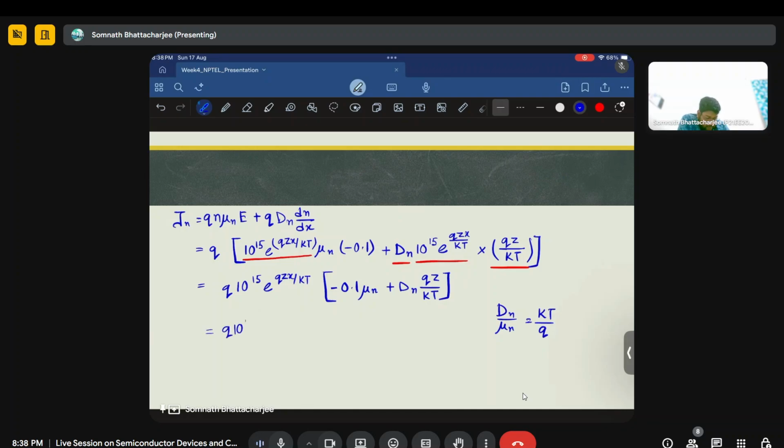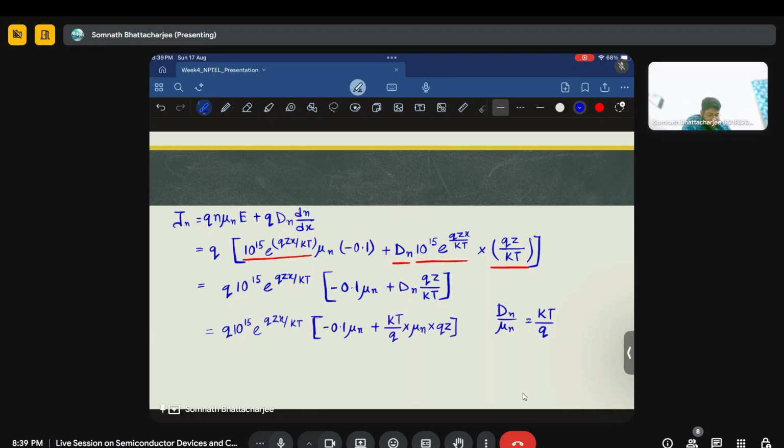So q 10 to the power of 15 e to the power of qzx by kT, and if we are putting this value, minus of 0.1 mu n plus Dn is kT by q, so it should be kT by q multiplied by mu n multiplied by qz.